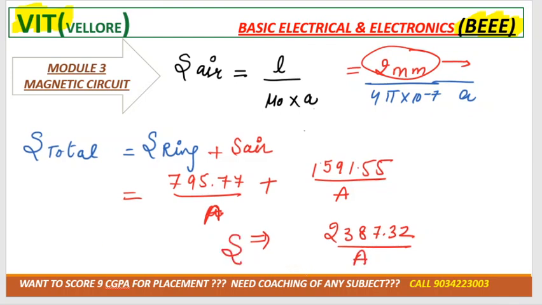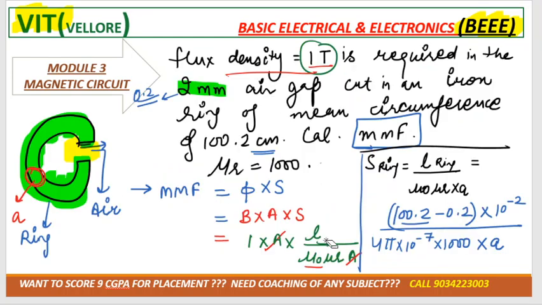So this is our final reluctance. I am putting it here: we got it as 2387.32 divided by A. Again, area cancelled out.